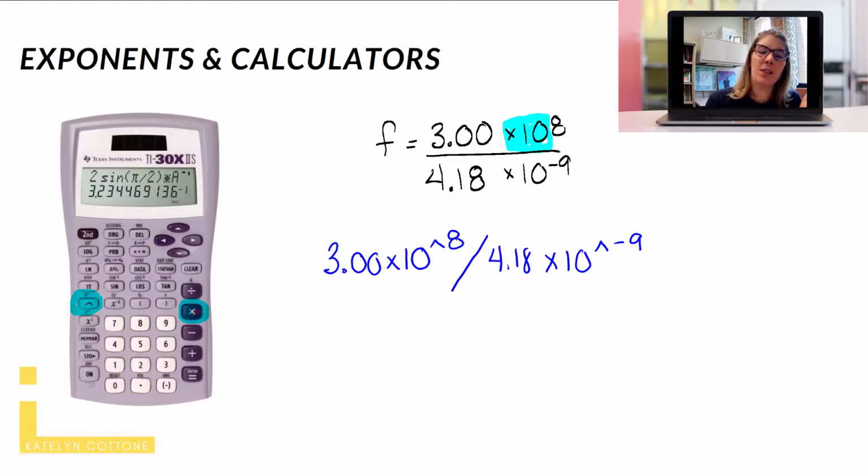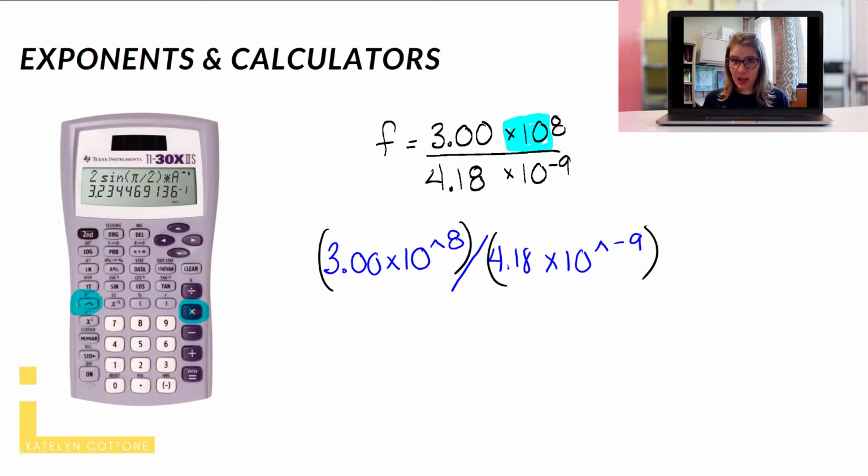The thing that you would need to do is you need to add parentheses. If you're not going to use the EE function and you prefer the times 10 caret 8, then you need to put that whole darn thing in parentheses. Same here. So now you can see why I like the EE button, because the EE button links the 3 and the 10 to the 8th together as one number, and the calculator recognizes it as one number, so I don't need to worry about putting in parentheses.